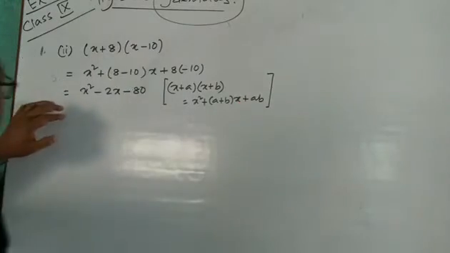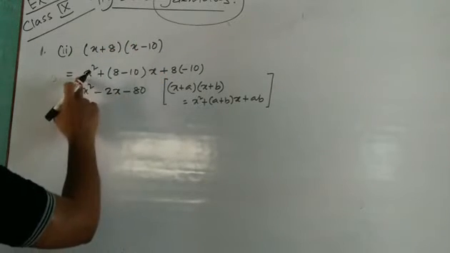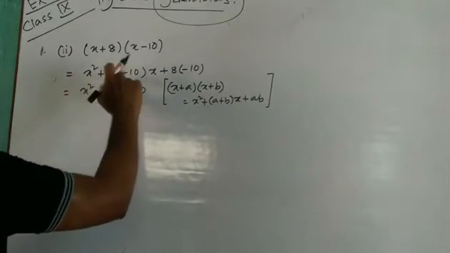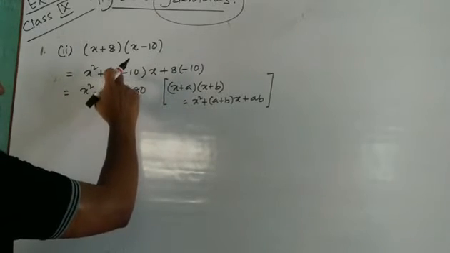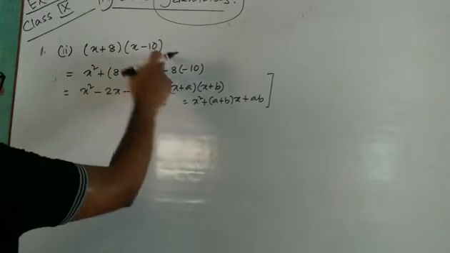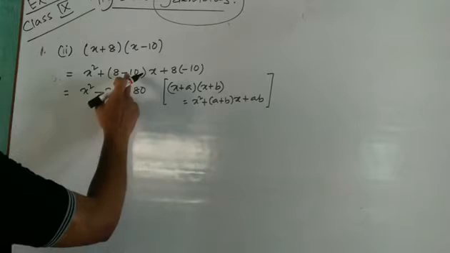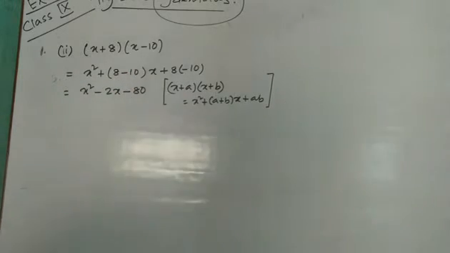See, here your a is 8, your b is minus 10. So x square plus (8 plus minus 10) into x plus 8 into minus 10, and ultimately x square minus 2x minus 80.